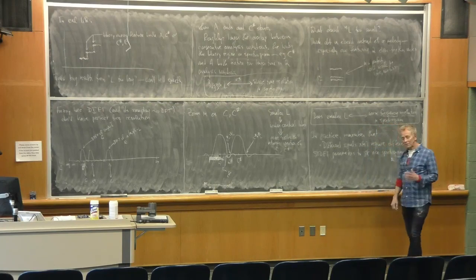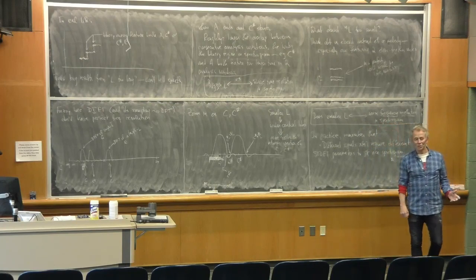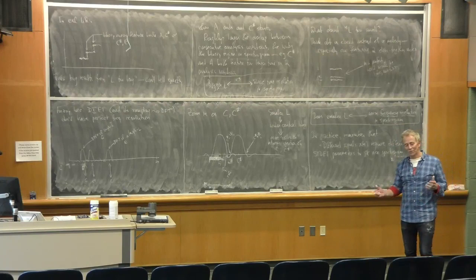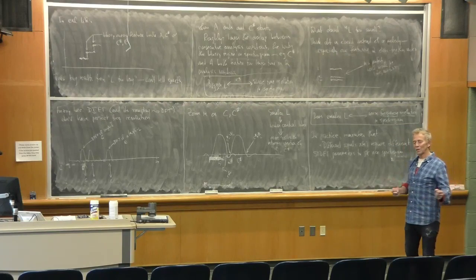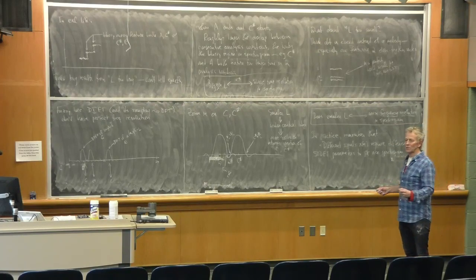Okay? And given a signal, you might need to tweak. You might need to try a different R, try a different L, increase R, decrease R, increase L, decrease L, whatever.